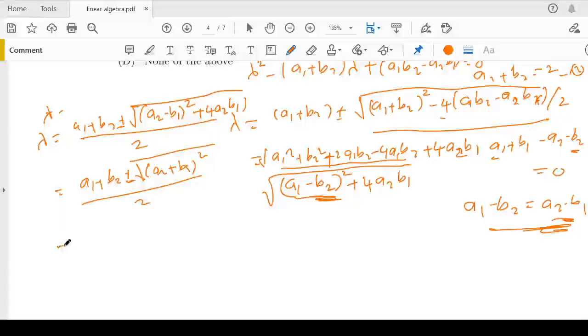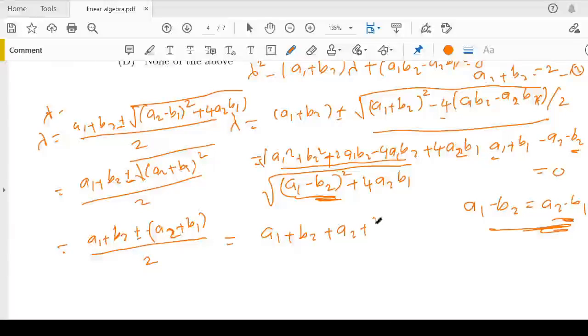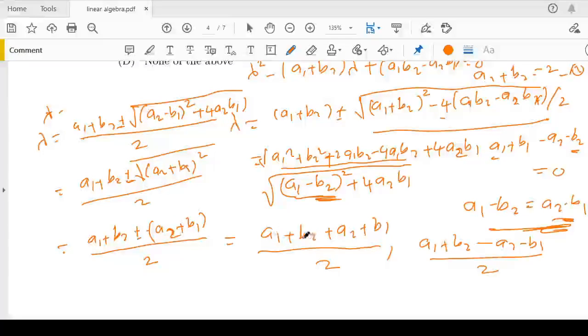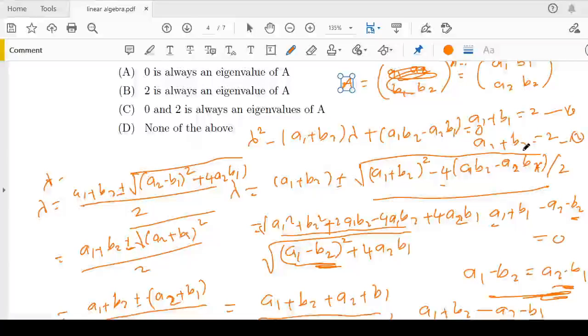Therefore, if we take plus, one root is (a1 plus b2 plus a2 plus b1) divided by 2, and the other root is (a1 plus b2 minus a2 minus b1) divided by 2. But we know that a1 plus b1 equals a2 plus b2 equals 2.